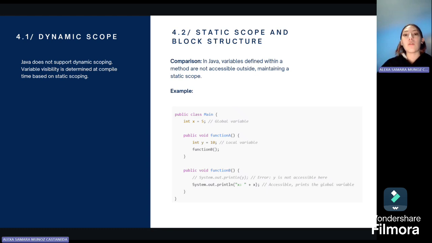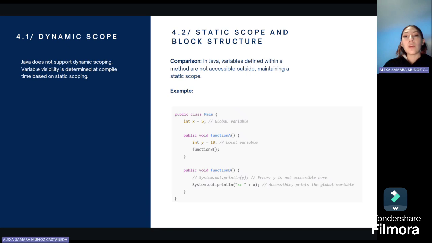In this type of scope, variables are visible based on the order of method calls during program execution. However, Java does not support dynamic scopes because it can create confusion. Instead, Java uses static scopes. This means variables are visible based on their location in the code.